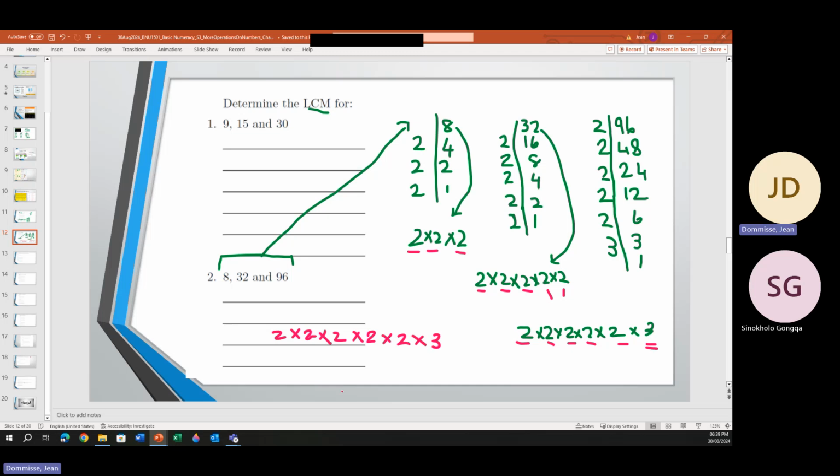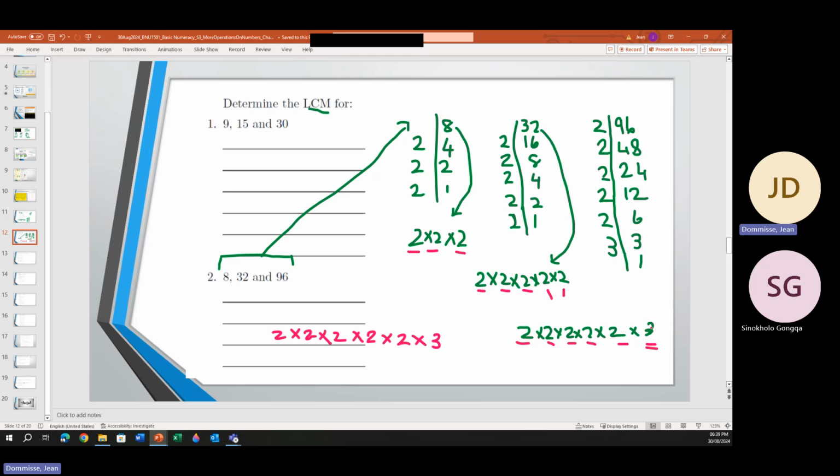That would then be our lowest common multiple, because we have the set of 2s covered, and then we have the 3 covered as well.